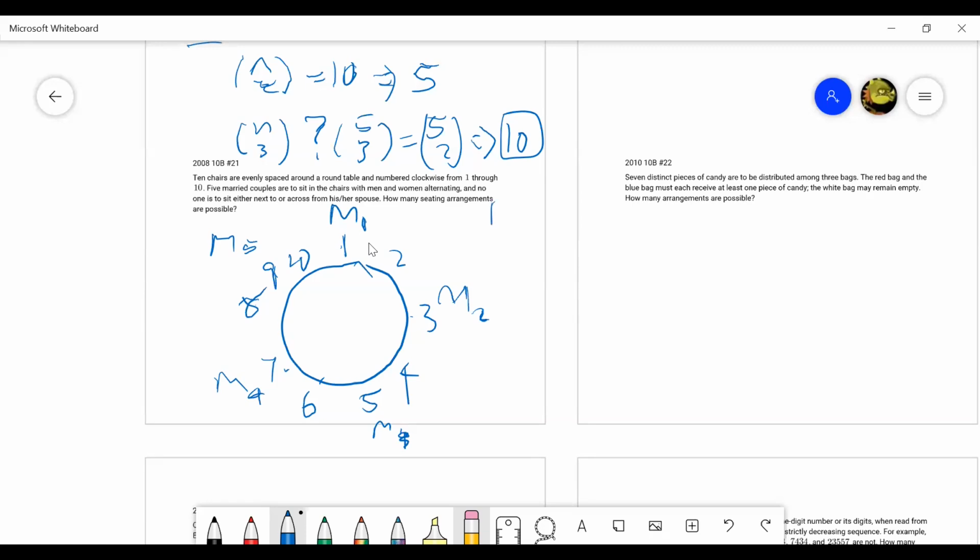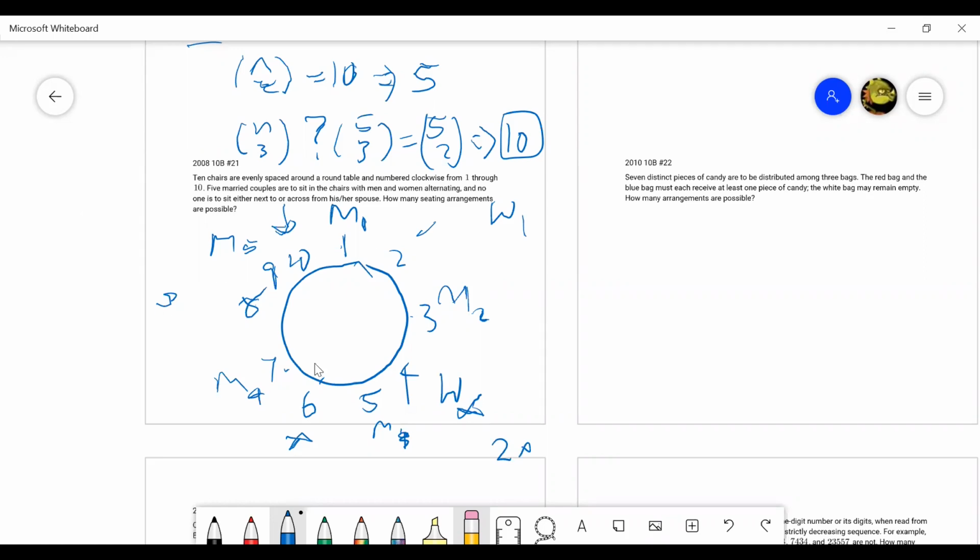Right. So if we take the spouse of the first man, they can't sit at 6, 2, or 10 because they're adjacent or across, so they must be in either 4 or 8. Let's just say they're in 4. Note that there are 2 options here for where they could have been.